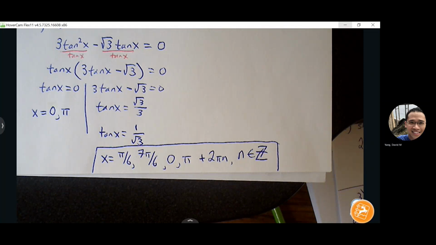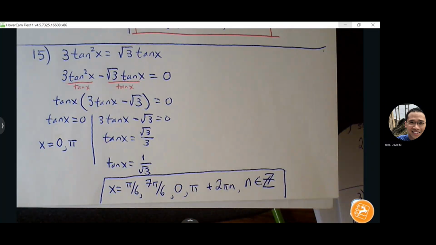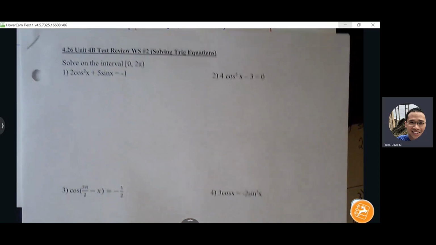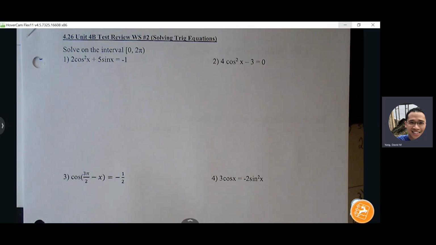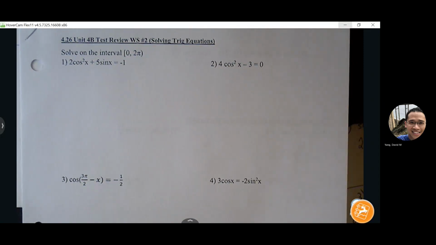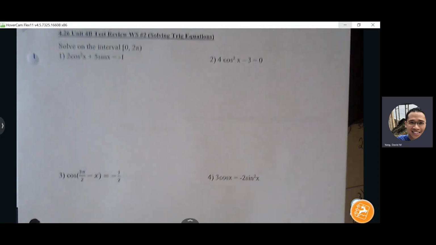Okay. Any questions with 15? Okay, let's move on to worksheet 2. You guys picked this up the other day. Let's see if we can get through the first 4 problems.